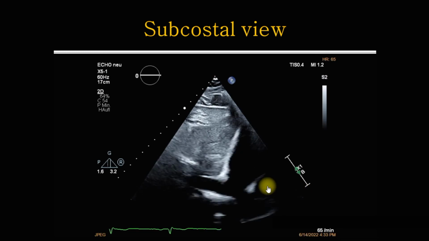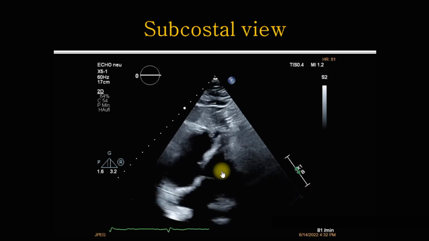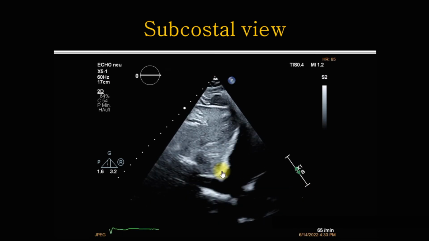The second important thing about the subcostal view is to examine the IVC, the vena cava inferior or inferior vena cava. The diameter of inferior vena cava gives us important information about the central venous pressure.